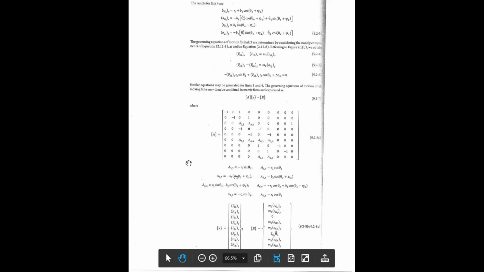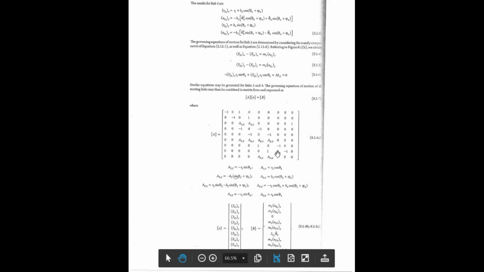Then the x vector, your unknowns that you're going to find, is listed here. The first element corresponds to the first column in the A matrix, the second to the second column, and so on. This last column corresponds to M13.